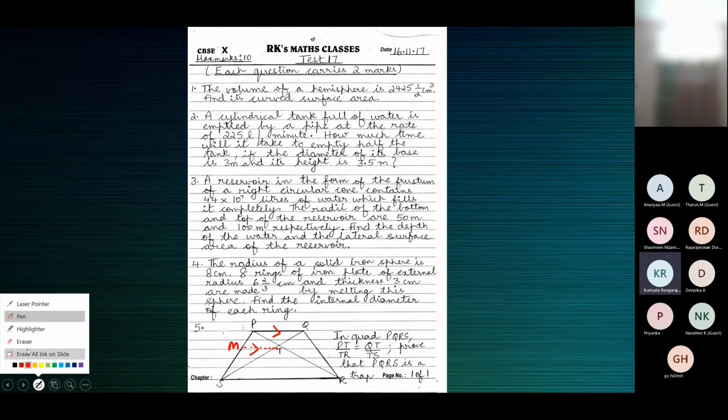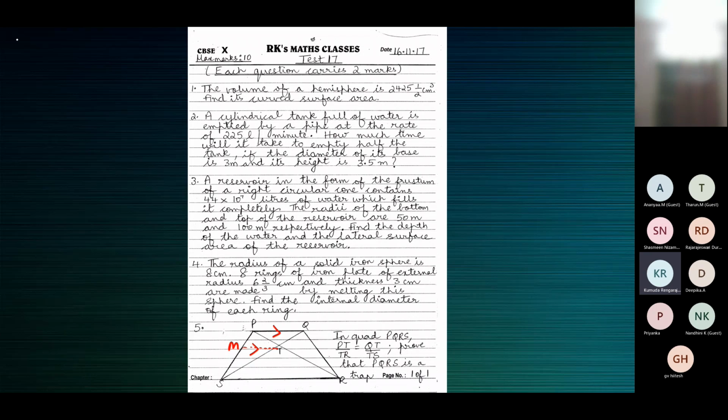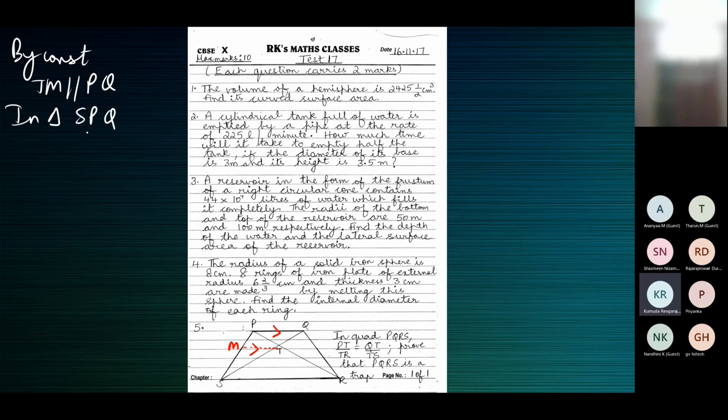Now from that, what can you write? By construction, TM is parallel to PQ. So by BPT, when you have a set of parallel lines in a triangle, in triangle SPQ, you have TM parallel to PQ by construction. So PM by MS is equal to QT by TS.